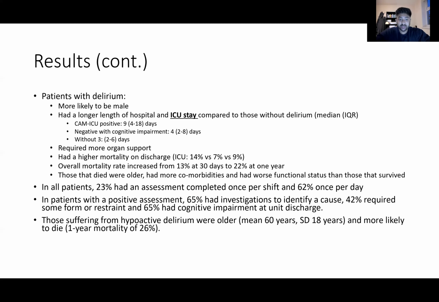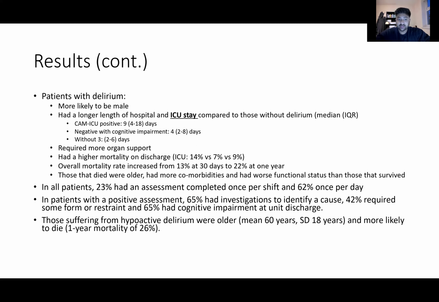The patients with delirium did need more organ support, and they unfortunately had a higher mortality at discharge, and that's 14% compared to 9% of the patients that had no delirium during their stay. And the overall mortality from hospital is also increased from 30 days to 1 year, from 13 to 22%.